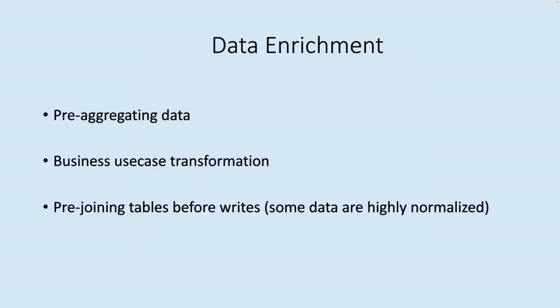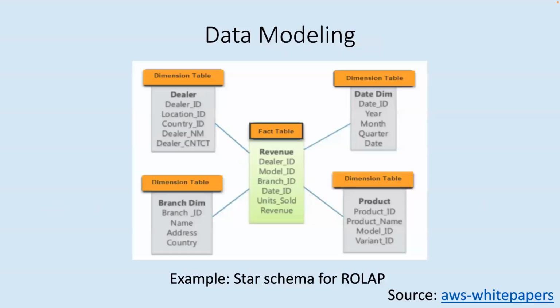So because we talked about data enrichment, there's also different data modeling. It's a whole different game on how to design your data model efficiently so that these queries run more efficiently.